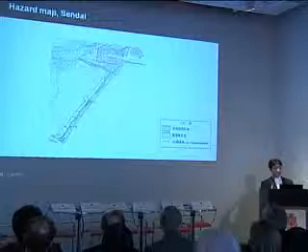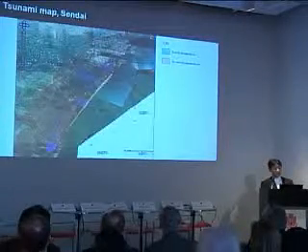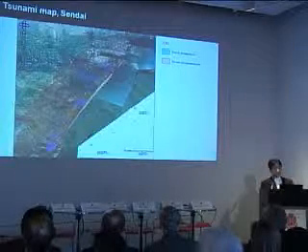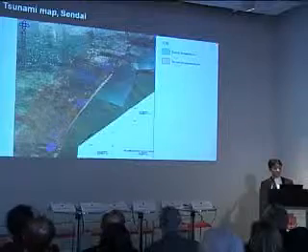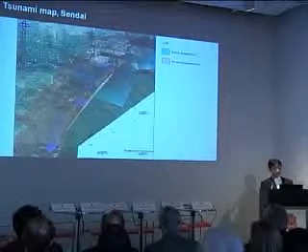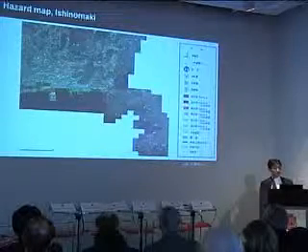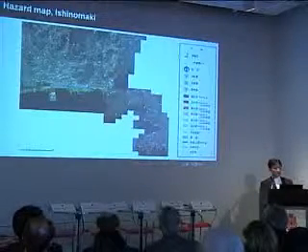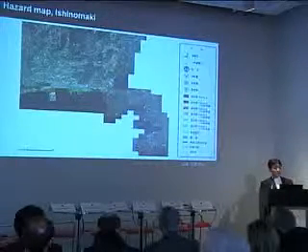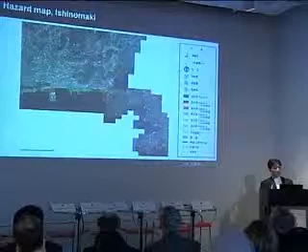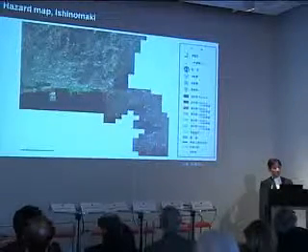This is a hazard map of Sendai, and this is the reality that we faced. In the blue area, all the buildings were washed away, and the red area was covered by seawater. And this is the Ishinomaki hazard map, and the green spots scattered in the inland area show the refuge evacuation centers for the people.